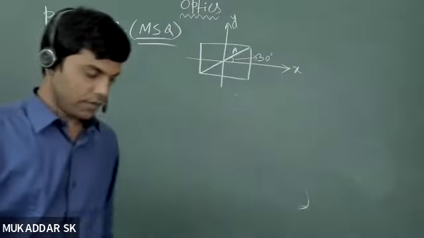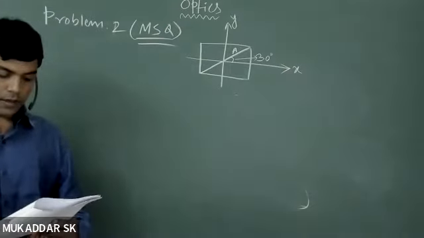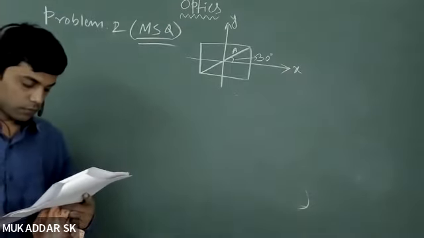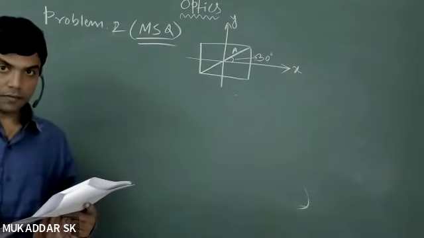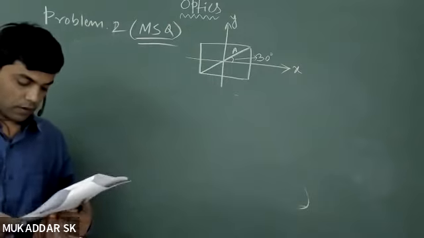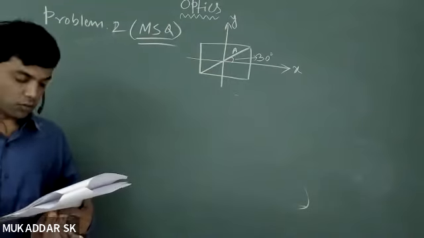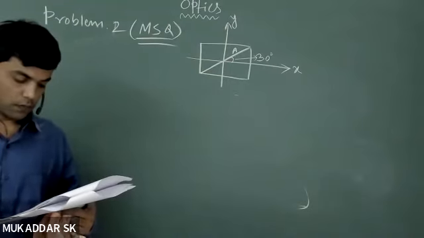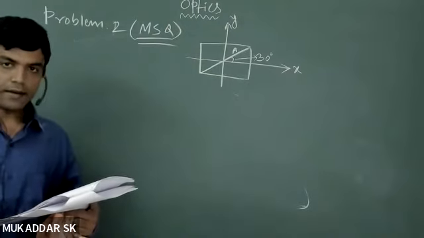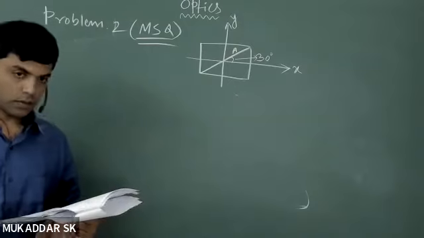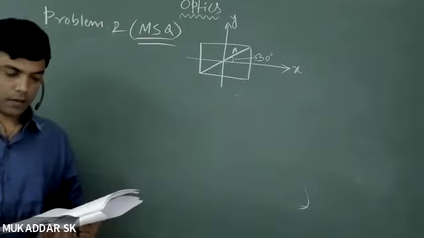So you can write: when light passes through a double refracting medium, it splits into two beams called O ray and E ray. Identify the correct options.